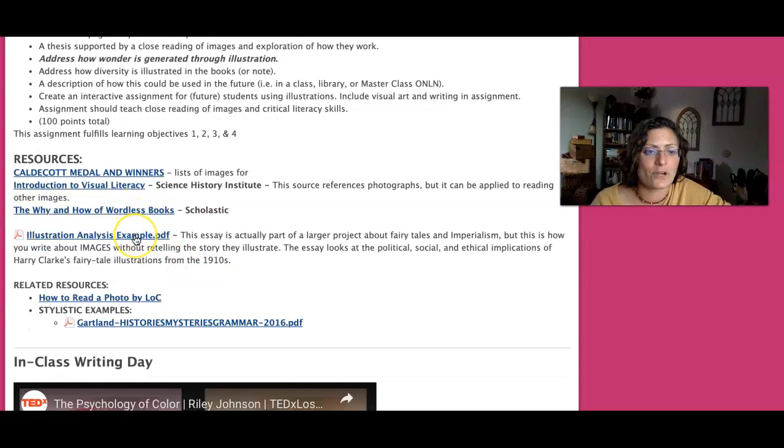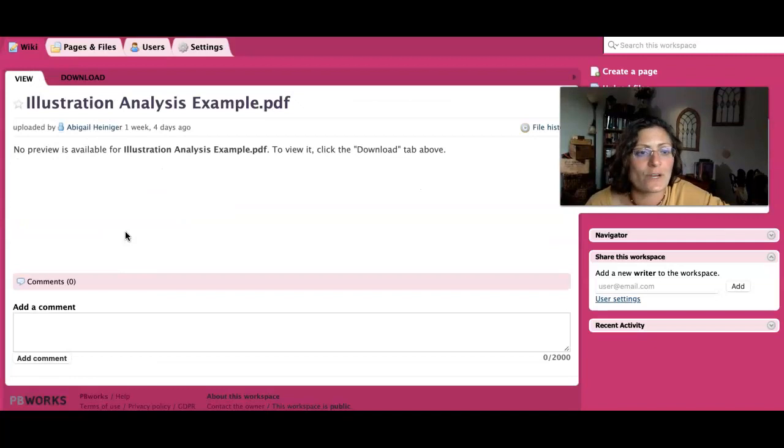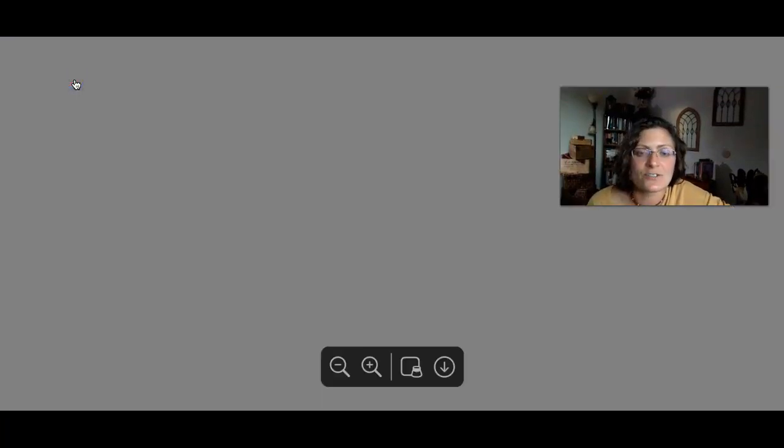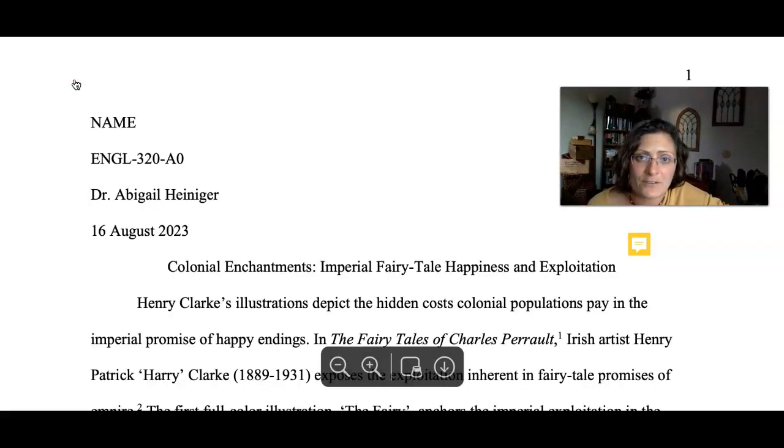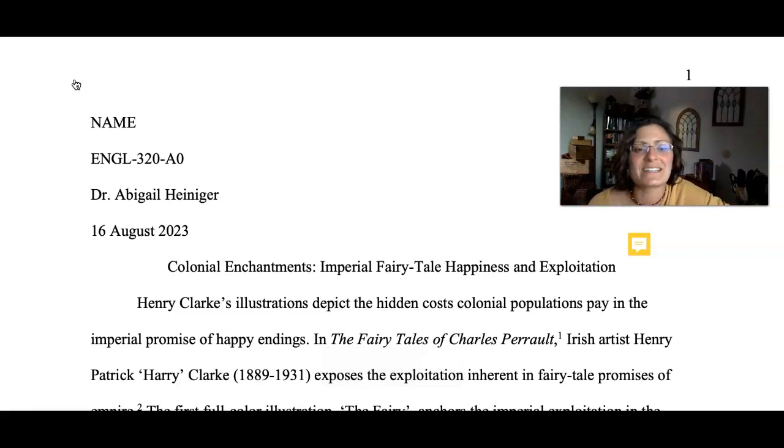Here are some resources for finding different illustrators. And here is an example of how you do this without, say, summarizing or just describing what's going on. Now, this is not a Caldecott winning artist. This is an illustrator from the golden age of fairy tales, because that's what I study.